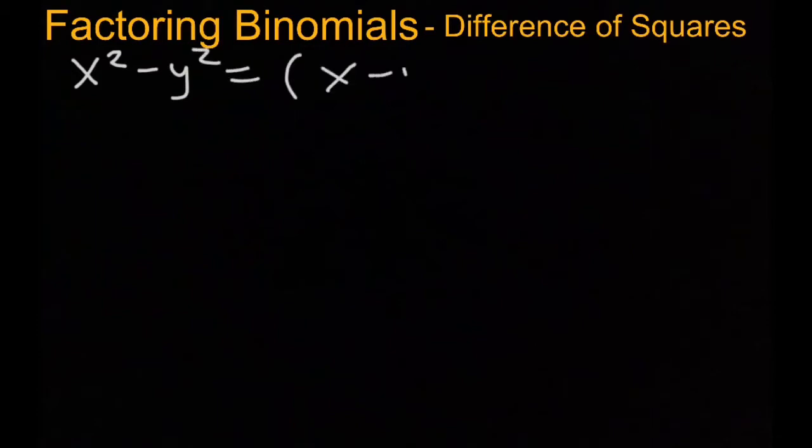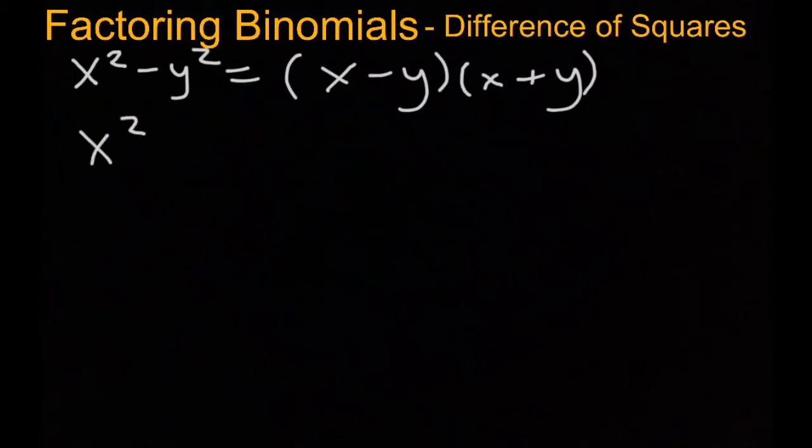So we know that the general rule is that x squared minus y squared in its most factored form is x minus y and x plus y. So how would you factor something like this? x squared minus 64.